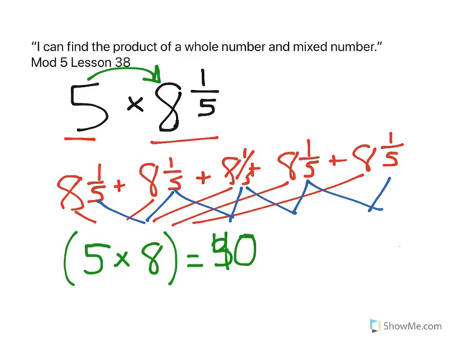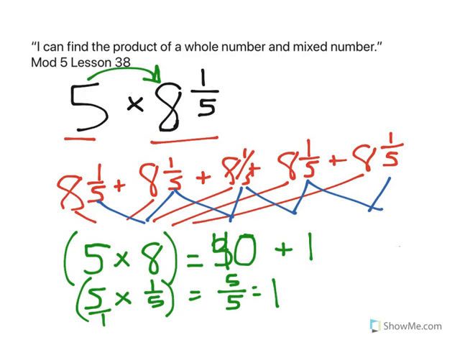And then 5 times 1/5. We can multiply that. 5 times 1 is 5. 1 times 5 is 5. 5 over 5. That's equal to 1. So now I can add 40 plus 1. The answer is 41.